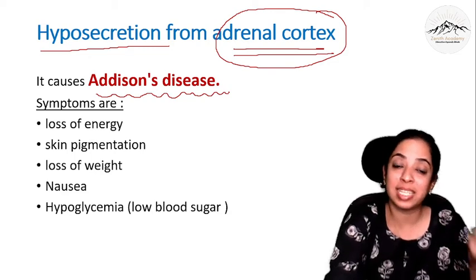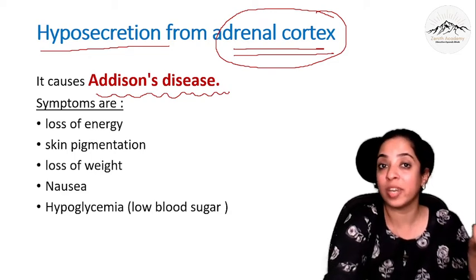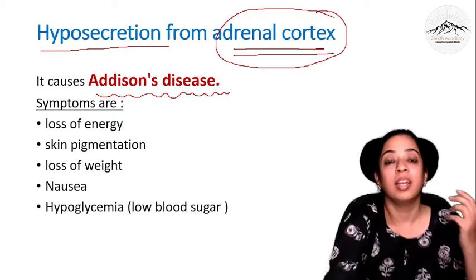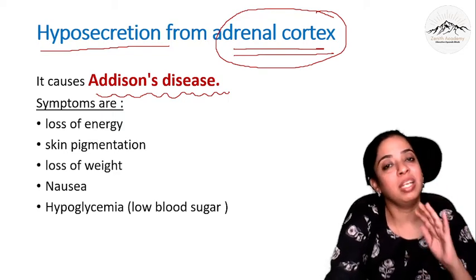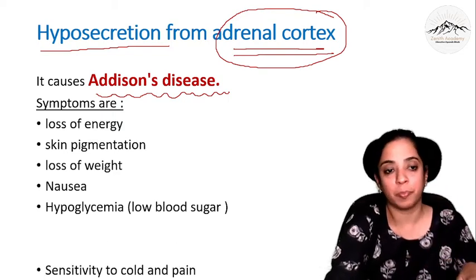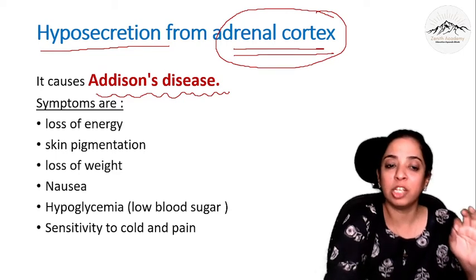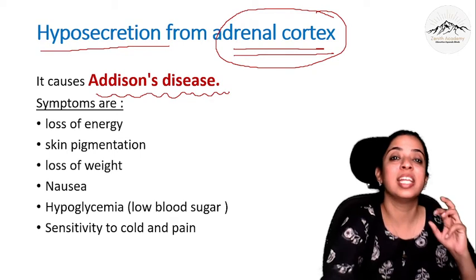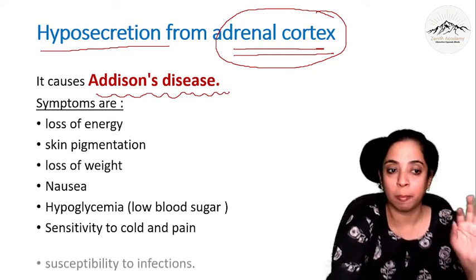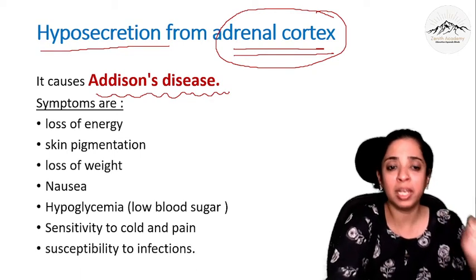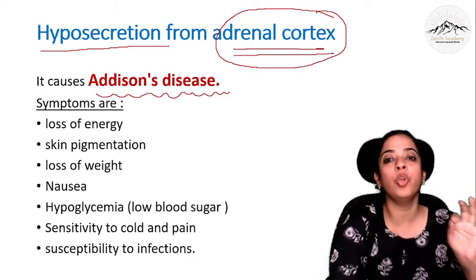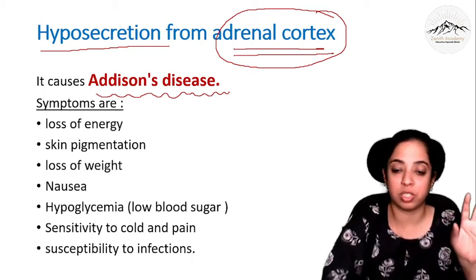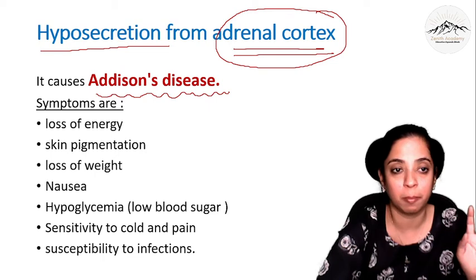Then hypoglycemia, which we have already studied in our previous chapters. The sugar level of the blood decreases, so low blood sugar. Then sensitivity to cold and pain. They feel extreme pain. And susceptibility to infections. They are prone to all the infections, they easily get infected.